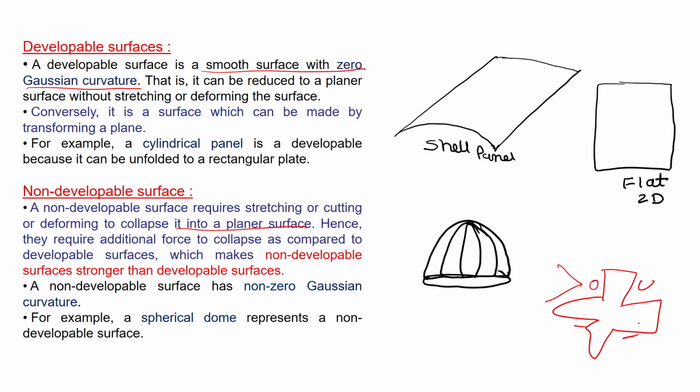So these surfaces are non-developable surfaces. Non-developable surfaces have non-zero Gaussian curvature. It may be positive or negative, but it may not be zero. Examples are spherical domes, which represent non-developable surfaces.